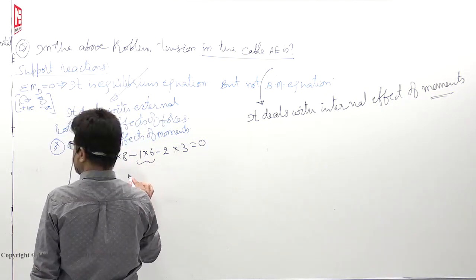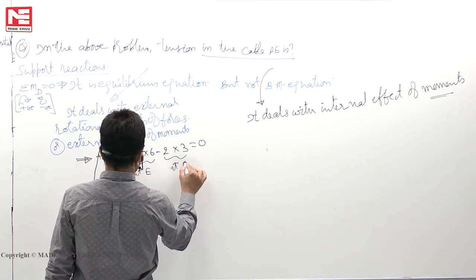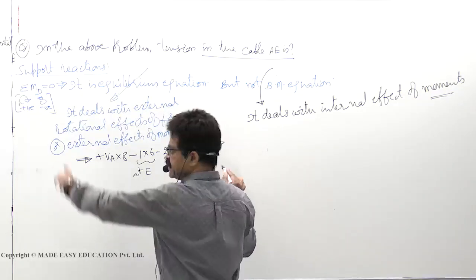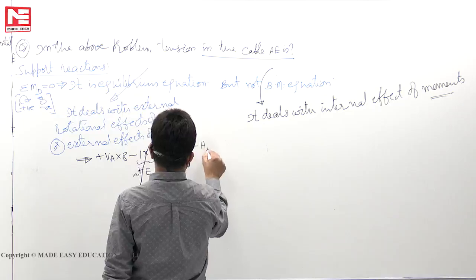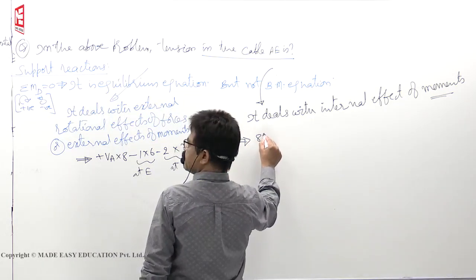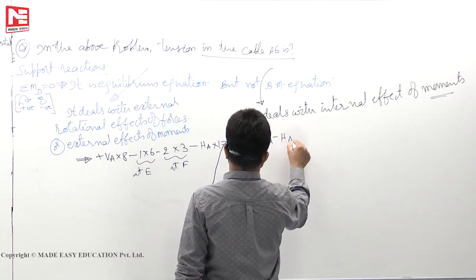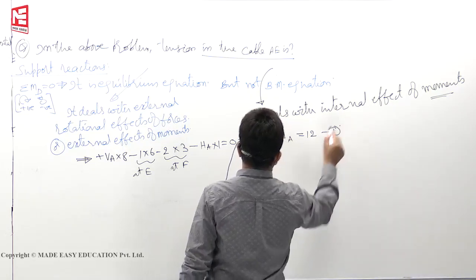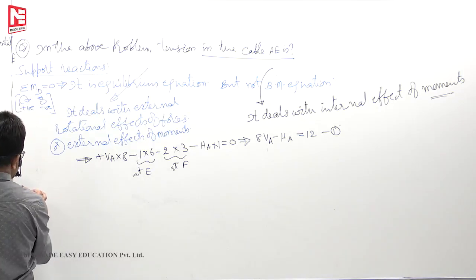This is the 1 kilonewton acting at E and 2 kilonewton acting at F. Then HA also will come, minus HA into 1 must be 0. So you will get 8 VA minus HA is equal to 12. Call it as 1.